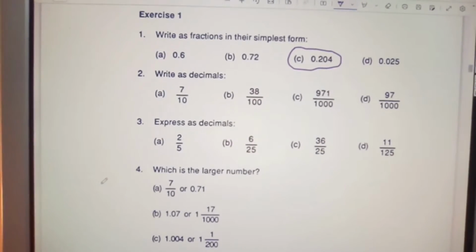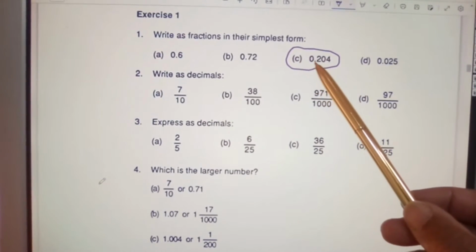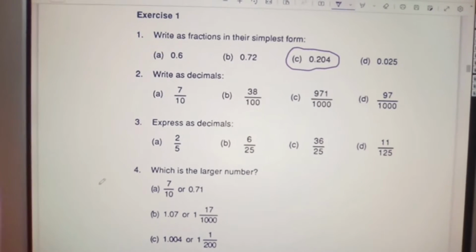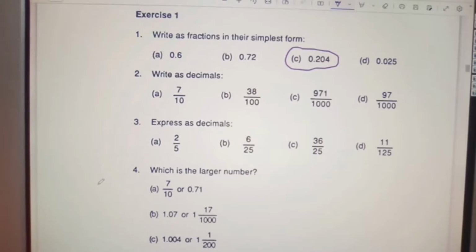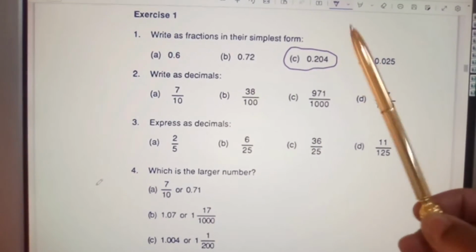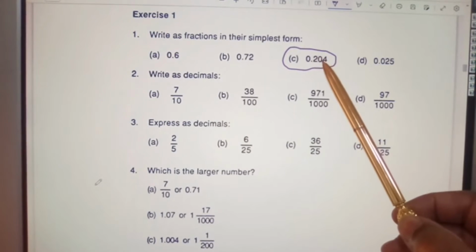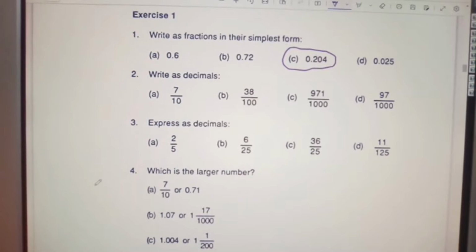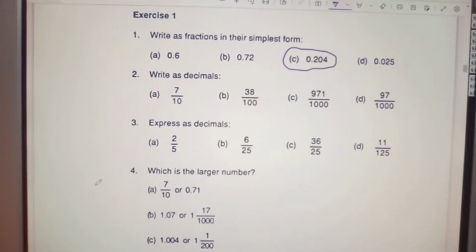We're going to have to use 1,000 now. So it's going to be 0.204 over 1,000. And the reason for that is as we move the decimal point 1, 2, 3 places to the right, then we must add the number of noughts equivalent to the number of places the decimal point has moved.